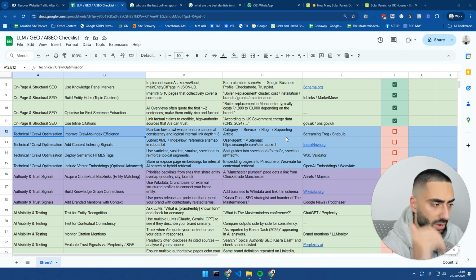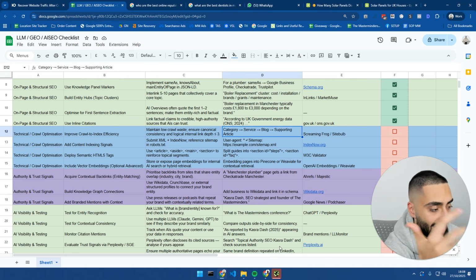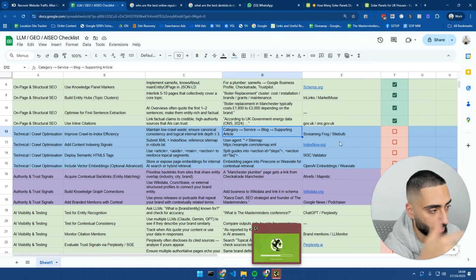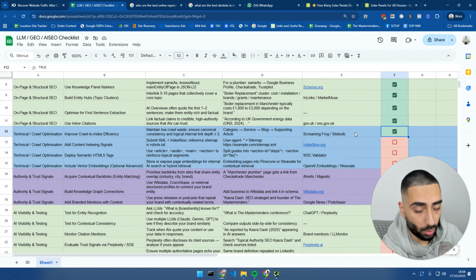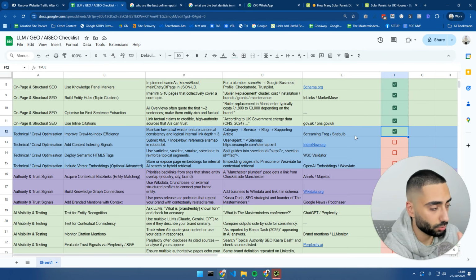The reason we want to make certain our website is crawl worthy and actually being picked up is that if your website is super slow, or you've got loads of broken links or loads of technical SEO issues, very quickly all the LLMs will stop coming back and crawling your website, no matter how good your content is, no matter how good your backlinks are. You want to make certain that you've got a good, strong technical foundation.